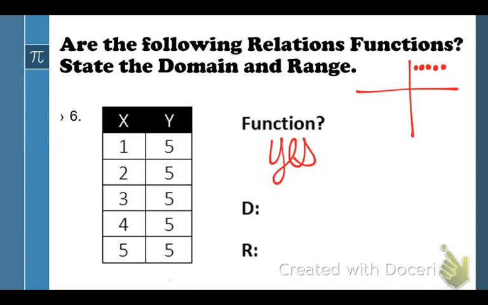But we can still look and see if it's a function or not. Domain is the set of all inputs, or x's: 1, 2, 3, 4, 5. The range is the set of all y values, which is just going to be 5. And yeah, you got to put the little brackets around them. Fun to draw.